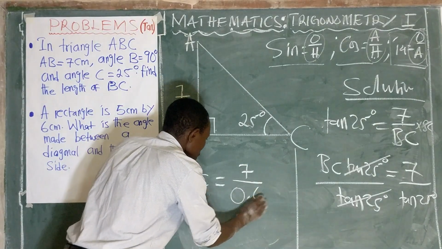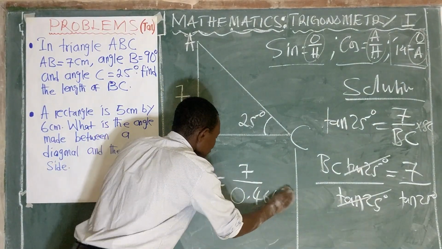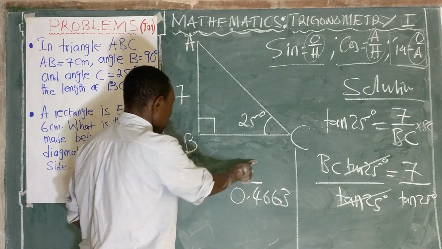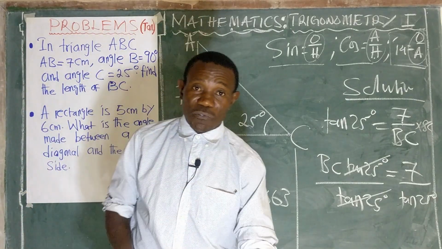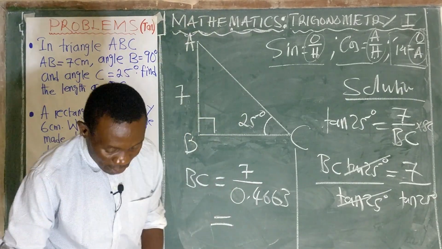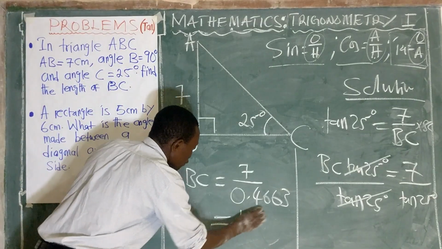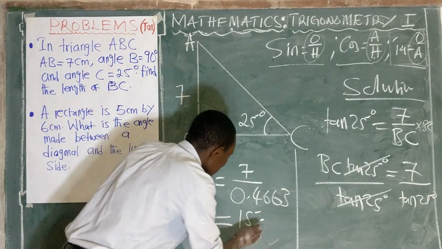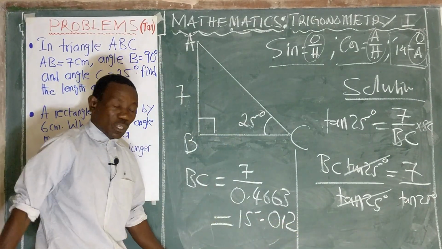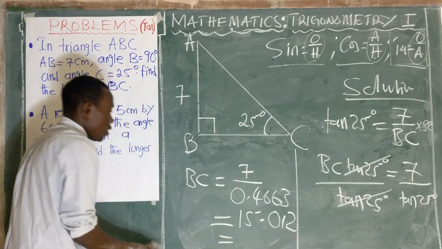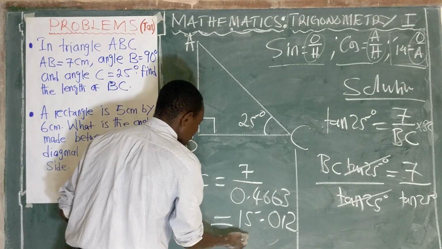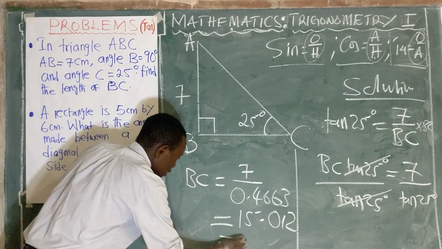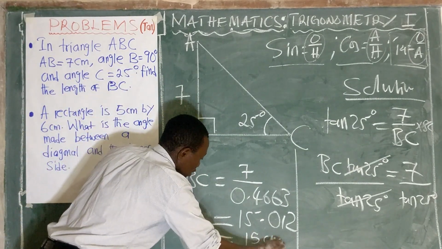So 7 divided by 0.4663, and if you have the calculator there, you'll see that the value you get is 15.012. If you correct this to the nearest whole number, the value for BC is simply equal to 15 centimeters.